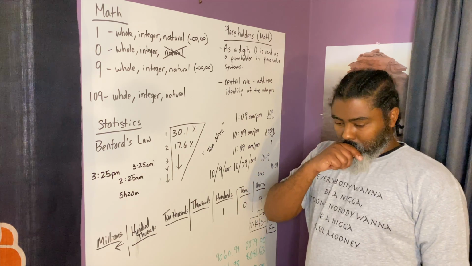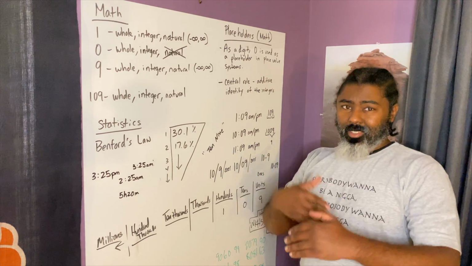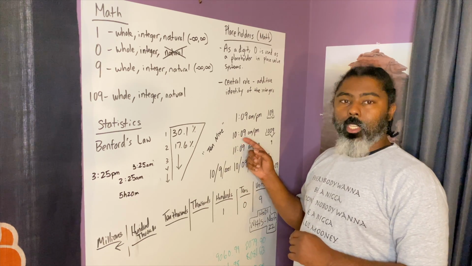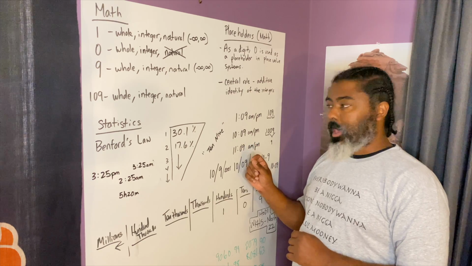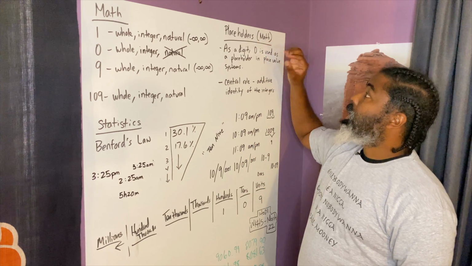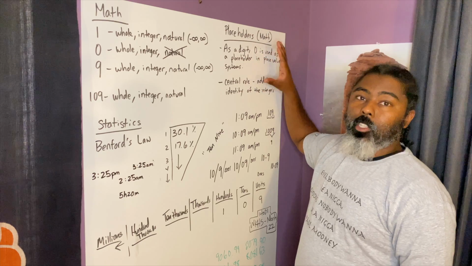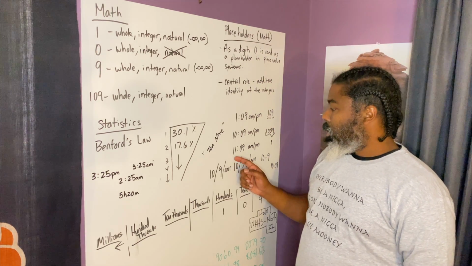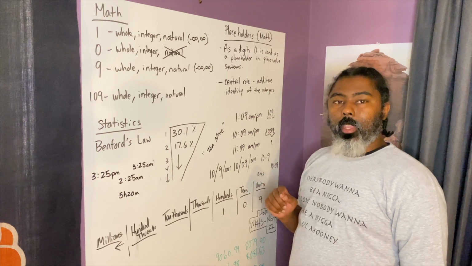But we haven't talked about this number 10:09. We haven't talked about that yet, okay? Because that's going to lead me to talk about the placeholders and go back to math. Another instance, 11:09.